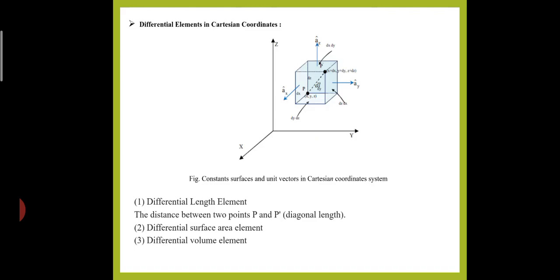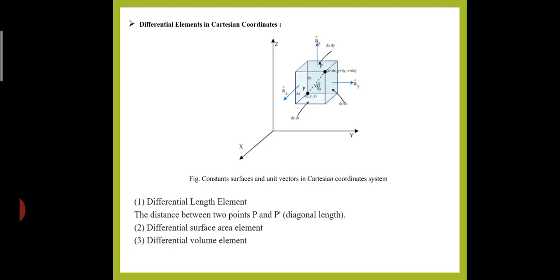See in the figure, point P is the intersection of three planes, while point P dash is the intersection of three new planes which are slightly displaced from the original three planes. These six planes together define a differential volume, which is a rectangular parallelepiped as shown in this figure.